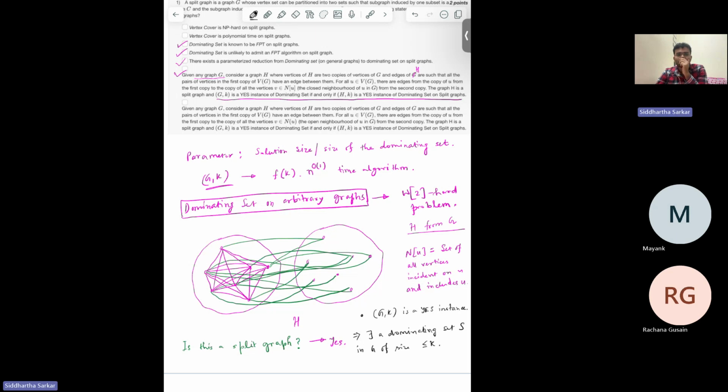So what we can do is, we look at the vertices of S and look at the corresponding vertices in H. But in H, there are two copies of each vertex. So let us concentrate only on the first copy.